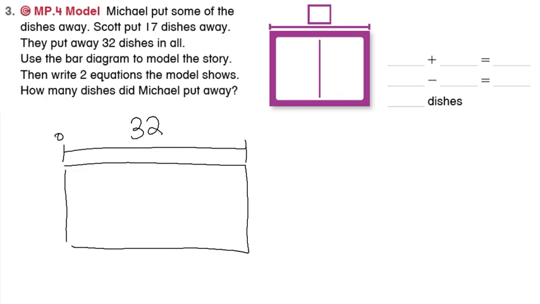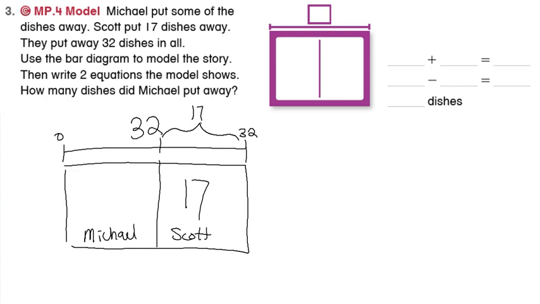So 0 and 32. Michael put some away. Scott put 17 away. So this is Michael. This is Scott. And he put 17 dishes away. Follow the bar diagram up on the number line. And that means this distance is equal to 17.